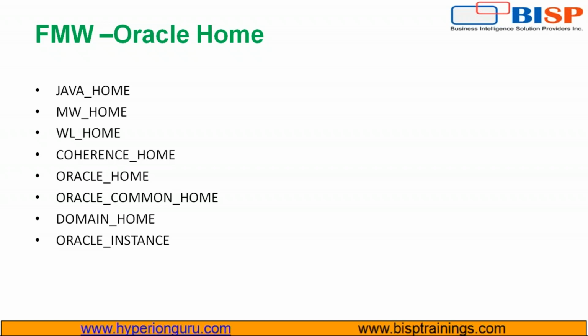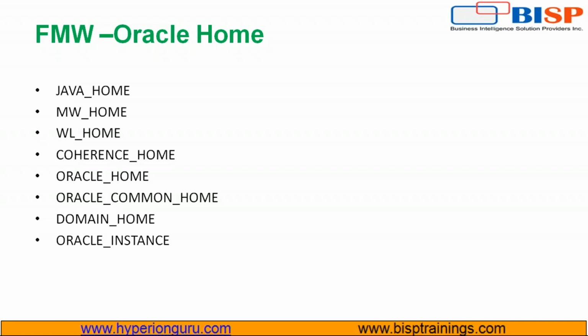WL Home is nothing but your directory path to your WebLogic WL server directory. Coherence Home is similar, your path to your Coherence directory. Oracle Home is actually where all your products get installed and all your application products, everything gets installed under your Oracle Home, for 12C. Oracle Common Home is nothing but your Oracle Common directories path. We'll be seeing it soon.